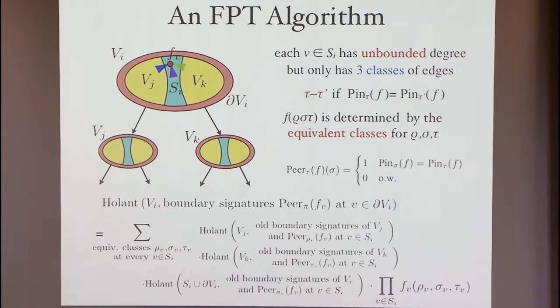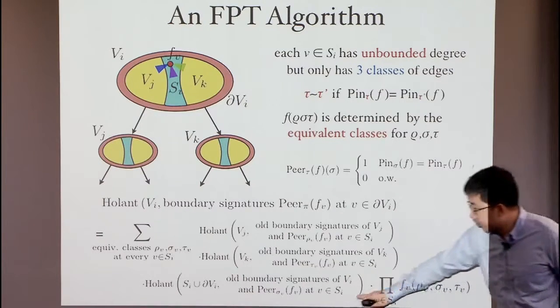So now we have this tree recursion for Holland, and for each vertex in the middle, it enumerates equivalent classes of the three groups of adjacent edges, and sends them to the children, inherited by the children in the new instance, as boundary signatures.